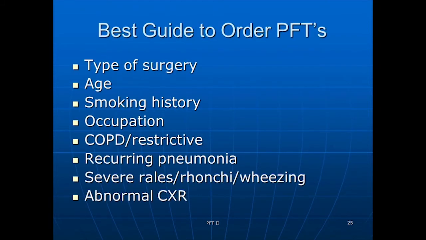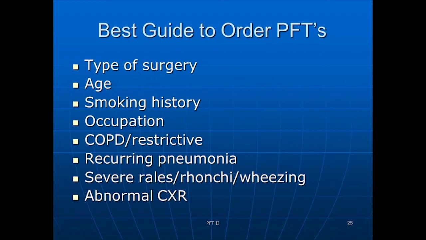So again, it's the type of surgery. We talked about upper abdominal surgery, thoracic surgery, age. Usually patients that are greater than 70 to 80 years of age, if they're going to have large surgery, often benefit from having pulmonary function studies. Smoking history, we said at the beginning of the lecture, 10 to 20 pack year history. Anybody who has an occupational hazard, asbestos or bakers or things like that.